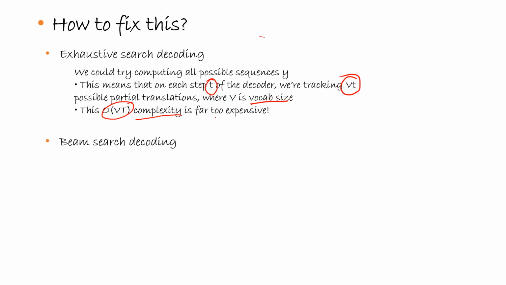The complexity of this algorithm would be too high and too expensive to be used. That's why it's called exhaustive search decoding, and that cannot be done. We cannot try computing all the possible sequences of y.